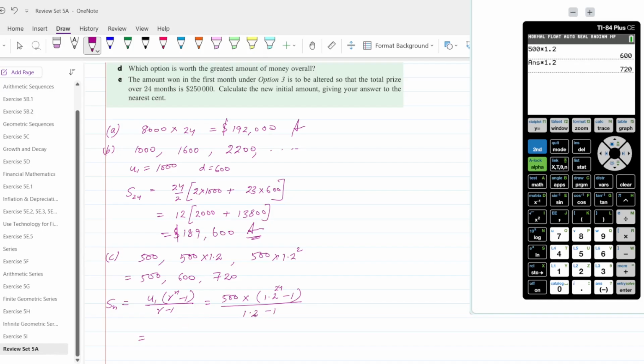So this becomes 500 times (1.2 raised to the power 24, minus 1) divided by 0.2, or rather 2500 times (1.2 raised to the power 24, minus 1). So 2500 times (1.2 raised to the power 24, minus 1) is $196,242.